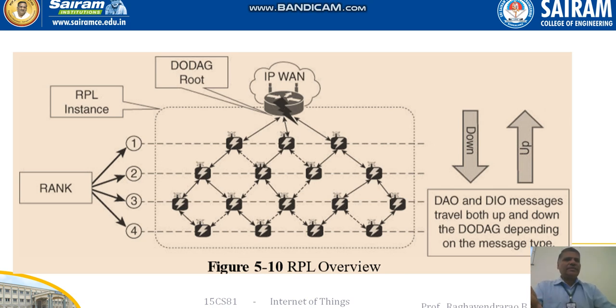The ranks are there, 1, 2, 3, 4, where the data travels down as well as up. In both directions it has been shown here. DIO and DAO messages travel both up and down the Destination Oriented DAG depending on the message types. So based on that communication path, the data is going to travel.